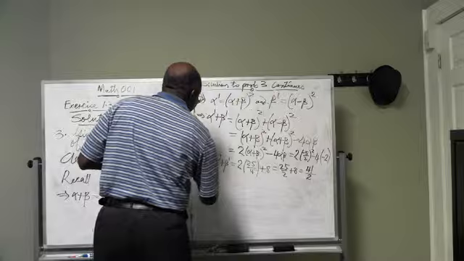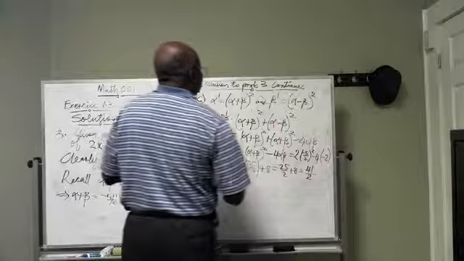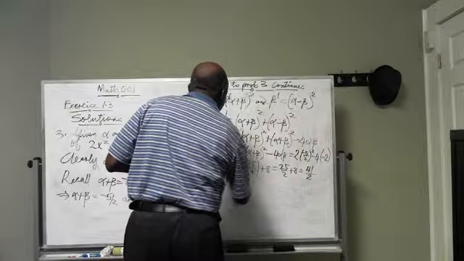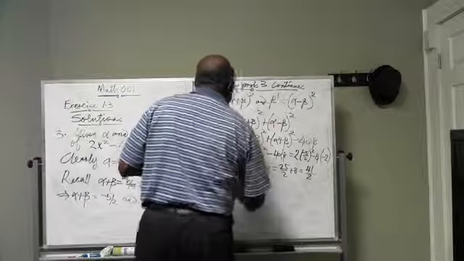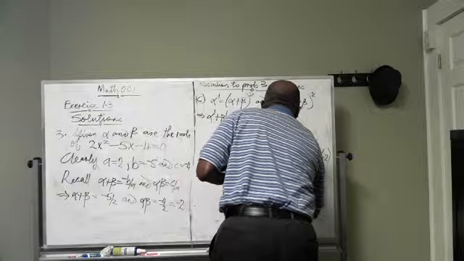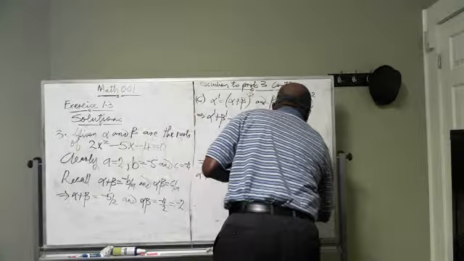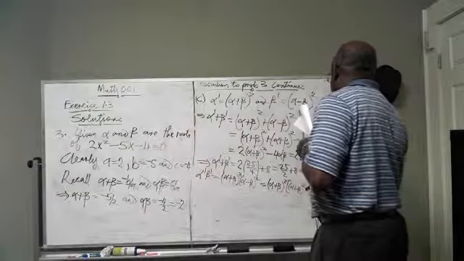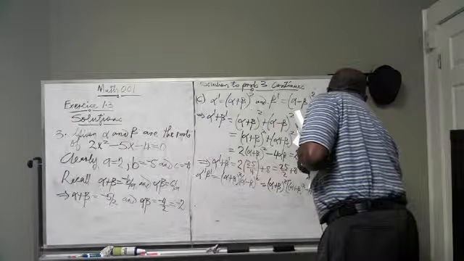Alpha prime beta prime equals alpha plus beta all squared into alpha minus beta all squared. This is the same thing as alpha plus beta all squared into alpha plus beta all squared minus 4 alpha beta.